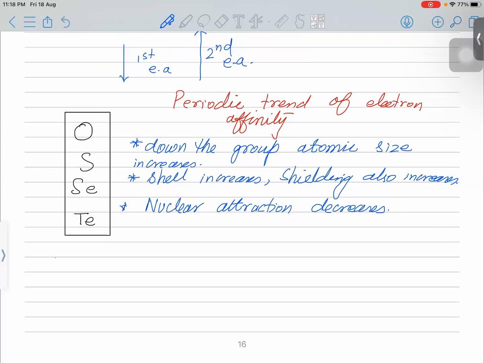Now predict, electron affinity increases or decreases? So it decreases. Electron affinity decreases.